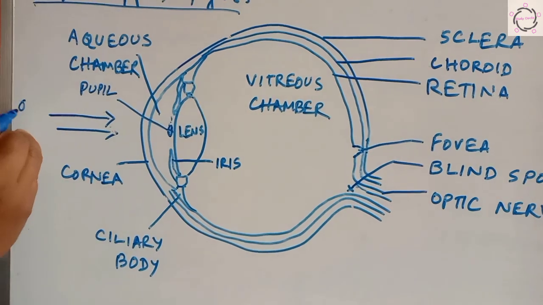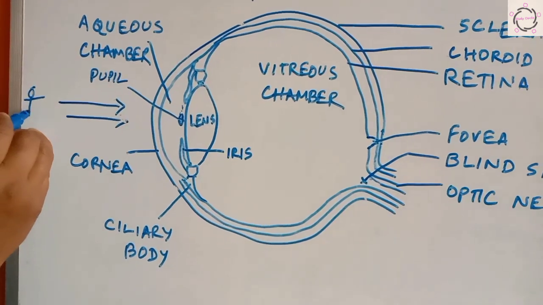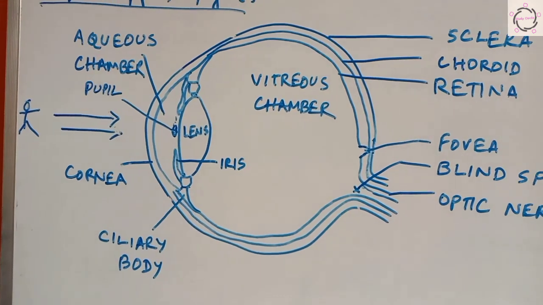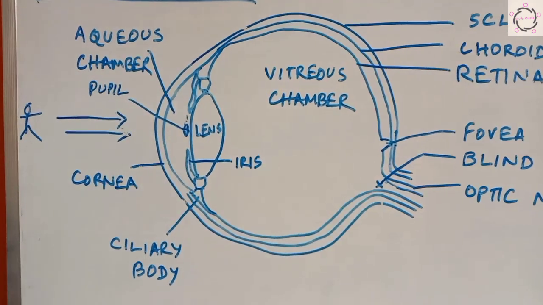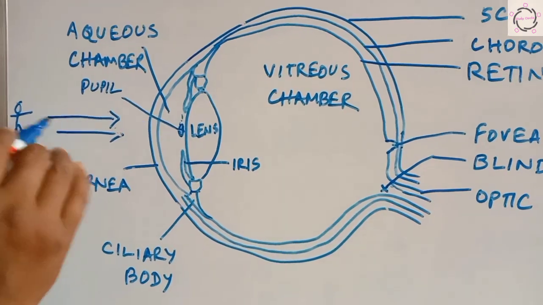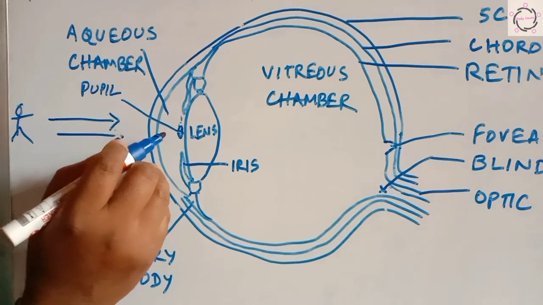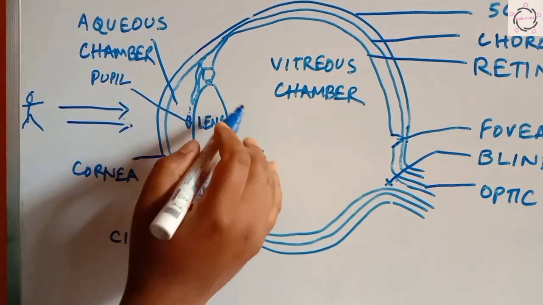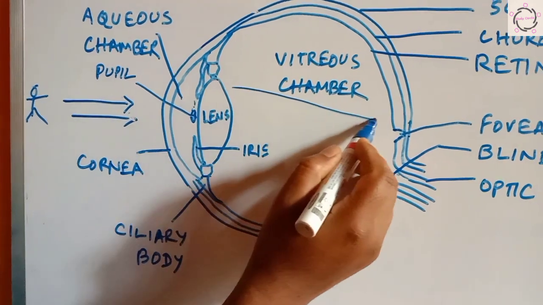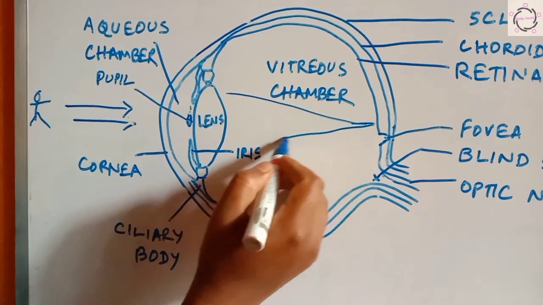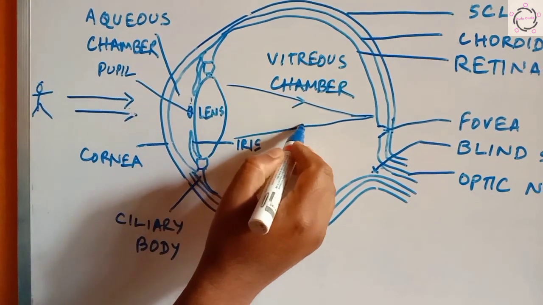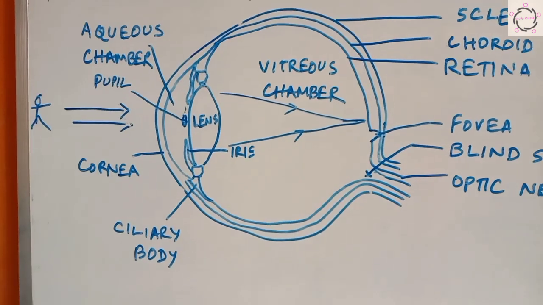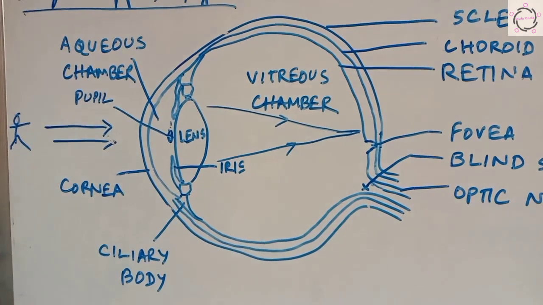Light rays from an image, say you are seeing somebody, a human being, কি হচ্ছে তার উপরে লাইট পড়ছে, these light rays enter through your eye, through the pupil, then through the lens it converges onto the retina, these light rays. This is the mechanism of how the image is formed.